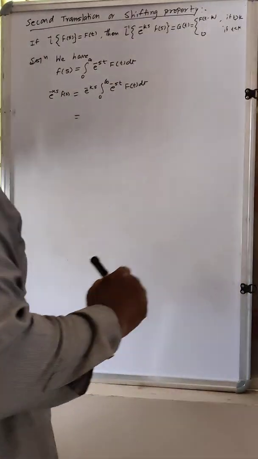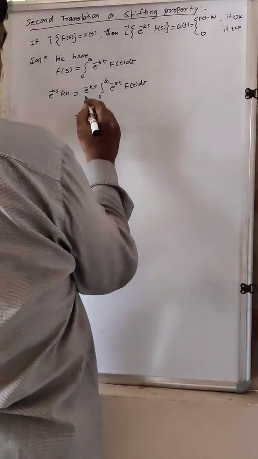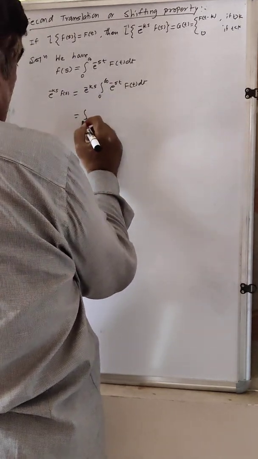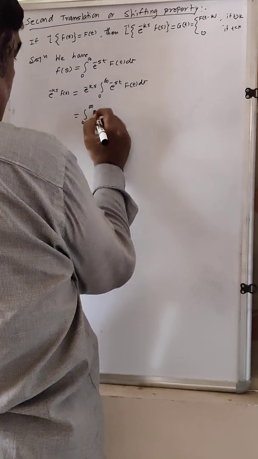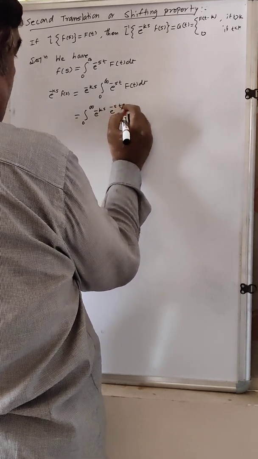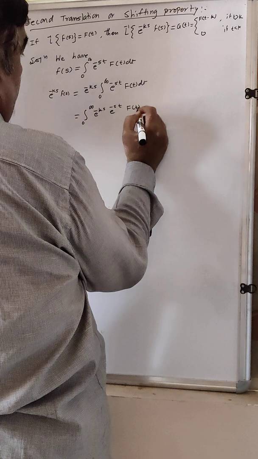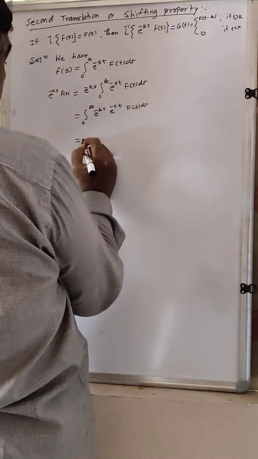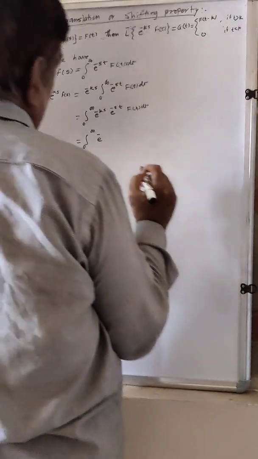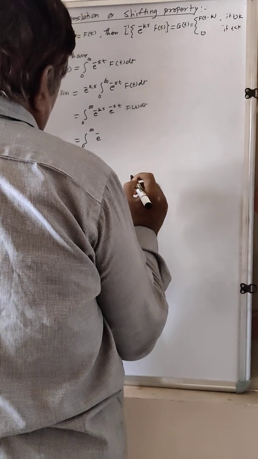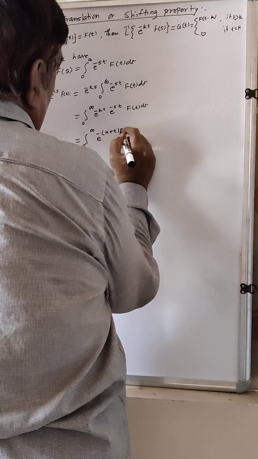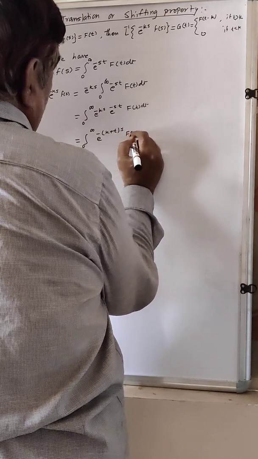Here e raised to minus ks is constant with respect to t, therefore enter it into the integration, from 0 to infinity e raised to minus ks e raised to minus st f(t) dt, is equal to the integral from 0 to infinity of e raised to minus s, where s is common, (k plus t) into s, f(t) dt.